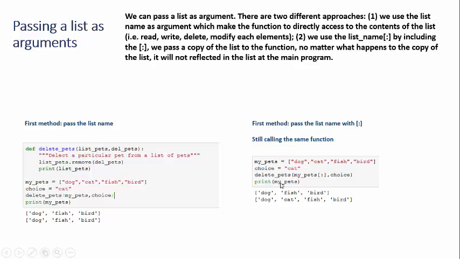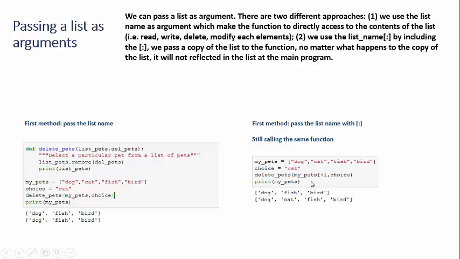But it's not going to change my original list. So when I print my original list, it still has the cat inside. So by using the square bracket and the colon inside, you didn't pass your original list.